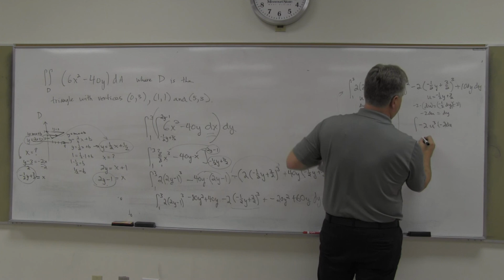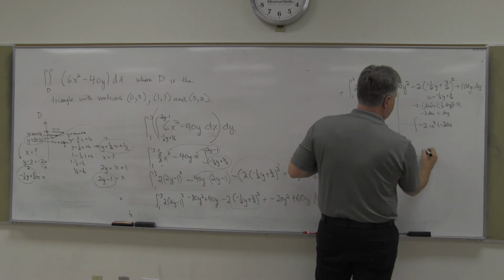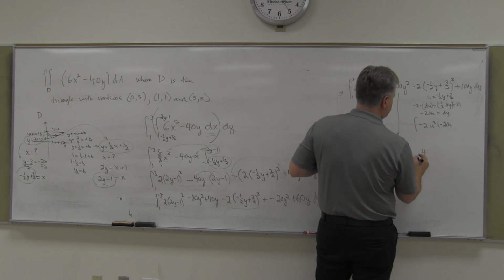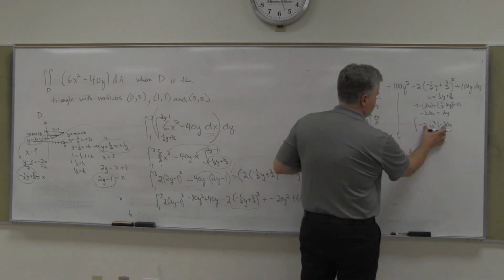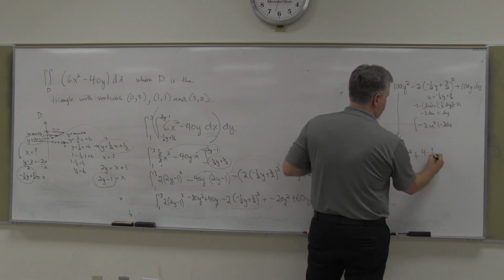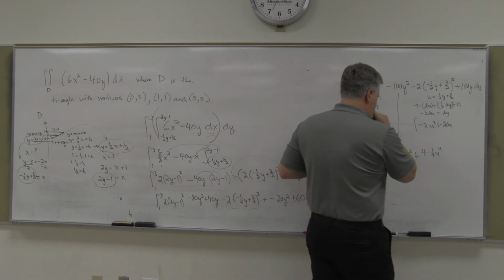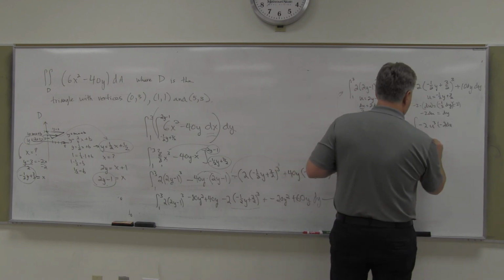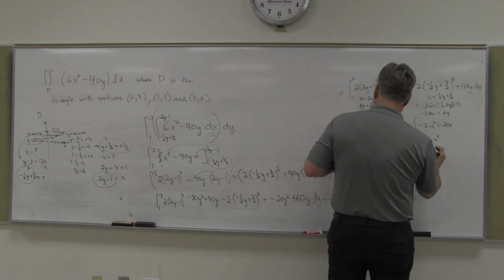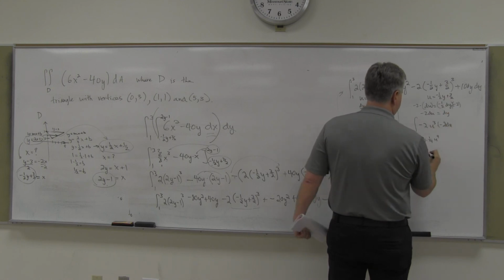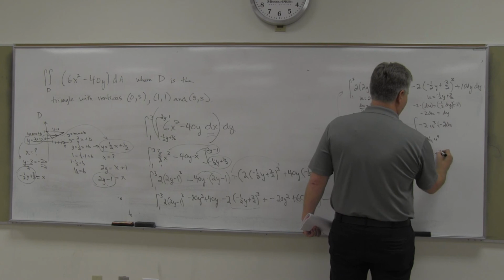Well, that's just minus 4, or positive 4 actually, isn't it? Minus 2 times minus 2 is positive 4. U to the 3rd, the antiderivative is 1/4 u to the 4th. So that's just going to be u to the 4th, but u is in this case negative 1/2 y plus 3/2 to the 4th.